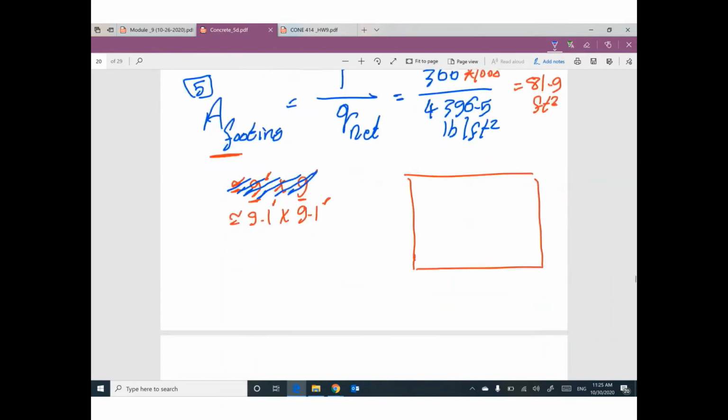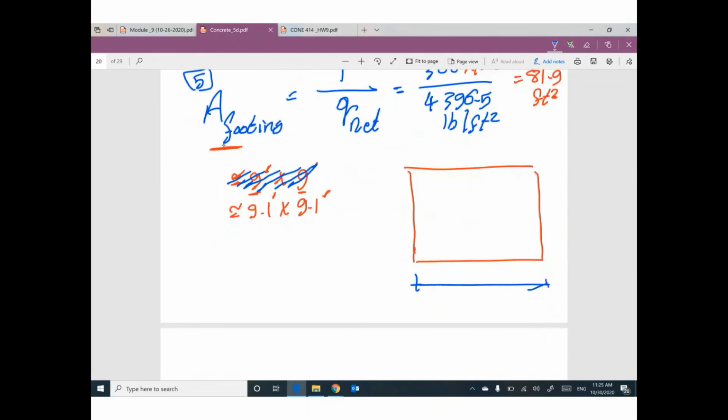So this dimension will be 9.1 feet times 9.1 feet. Right now, your total thickness is 25 inch, the actual depth is 21 inch, and the dimension of this footing is 9.1 times 9.1 feet.